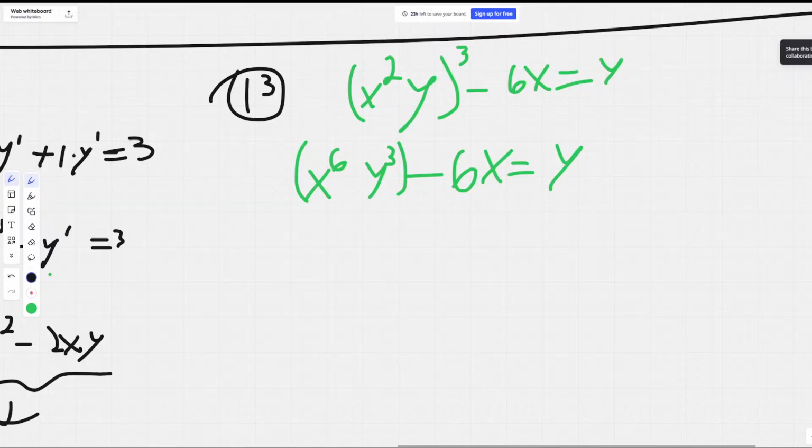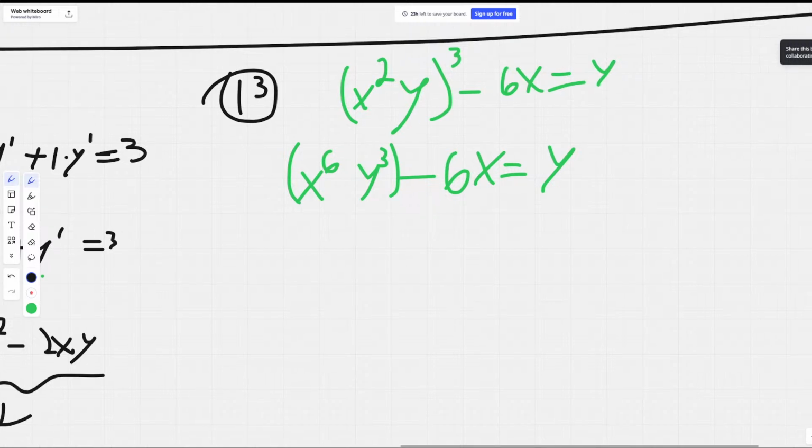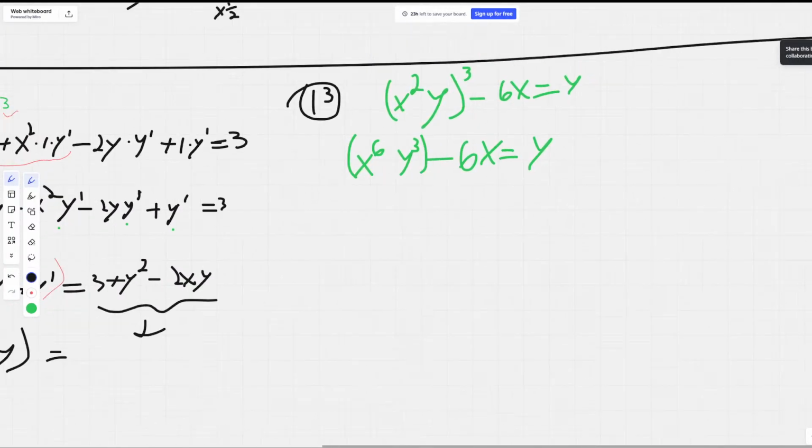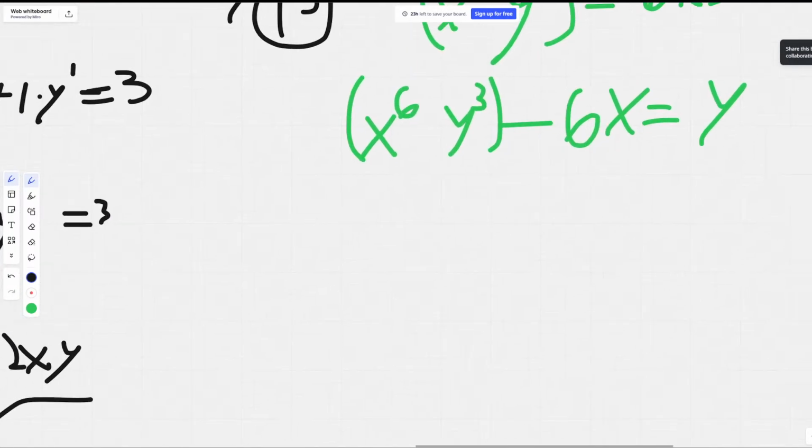Number 13. Unlucky number 13. Let's get started. Product rule is the right one, which includes power rule.